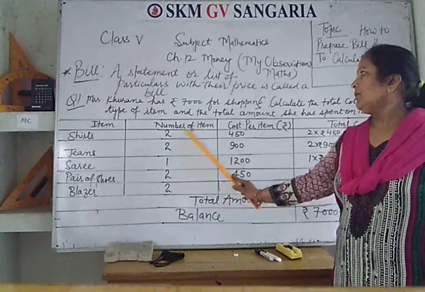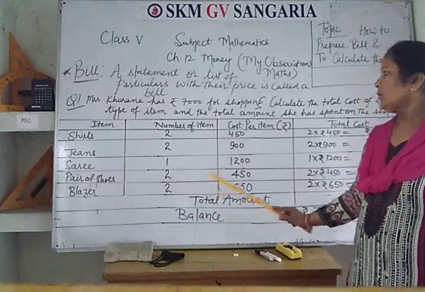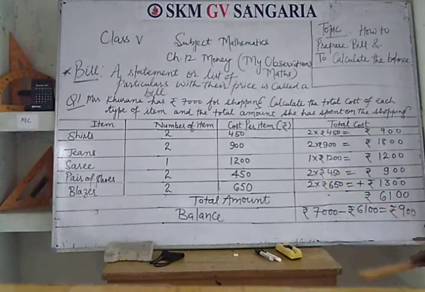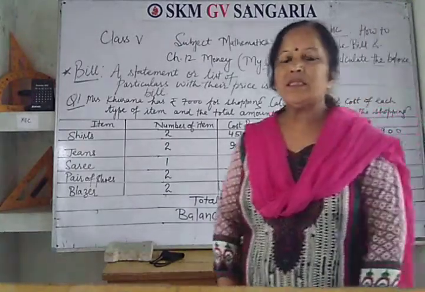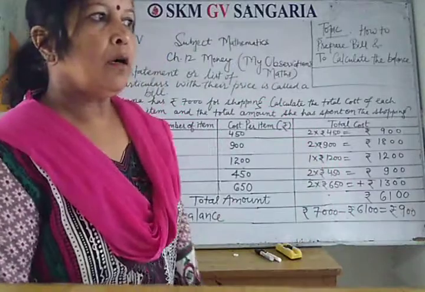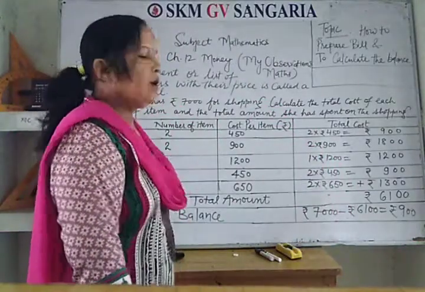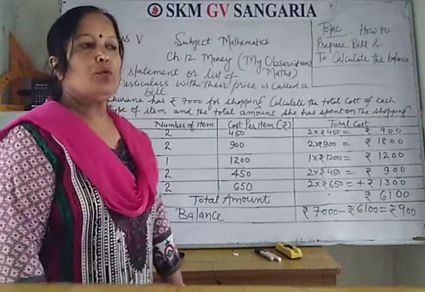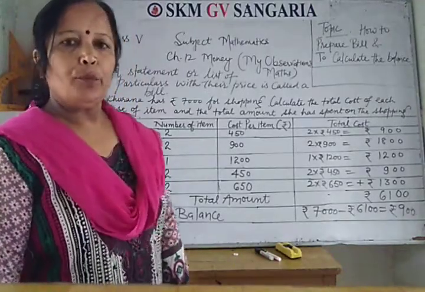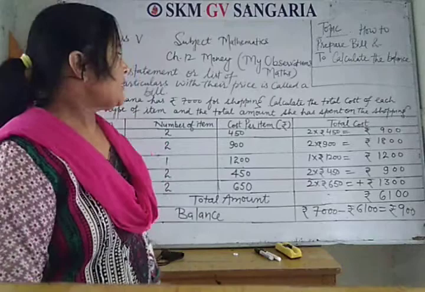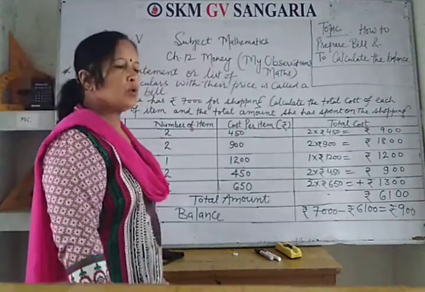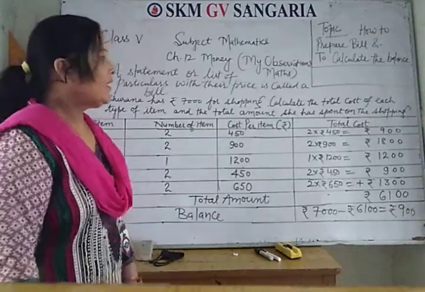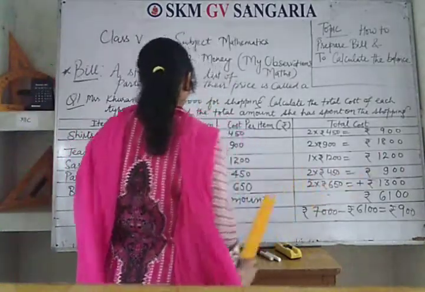The total cost will be 2 into rupees 450. You will calculate. It will be how much? If 2 pairs of shoes are purchased by her, then the total cost will be rupees 900.